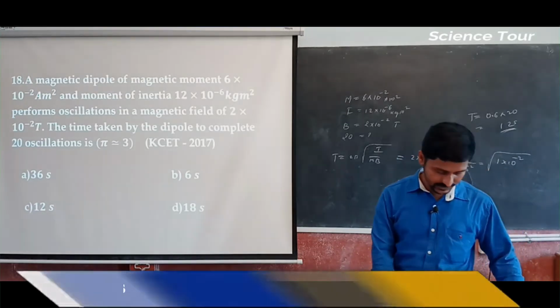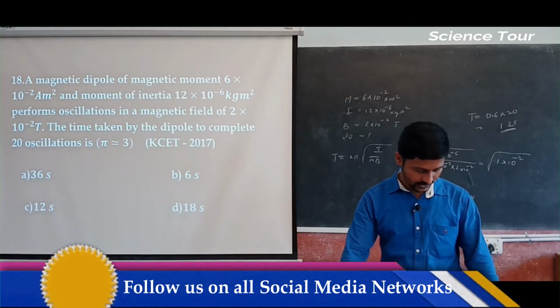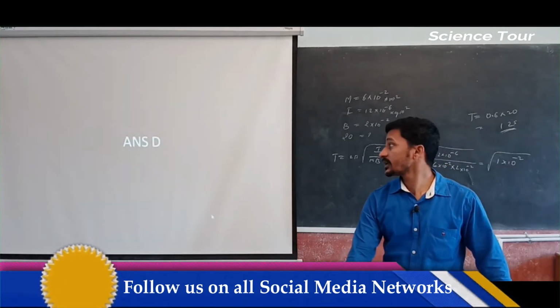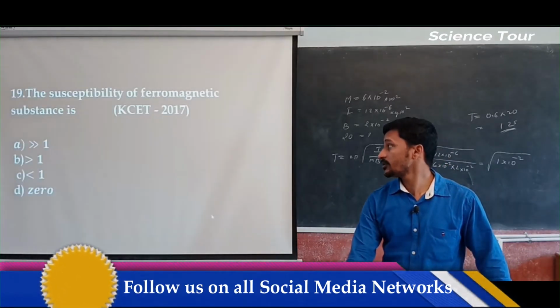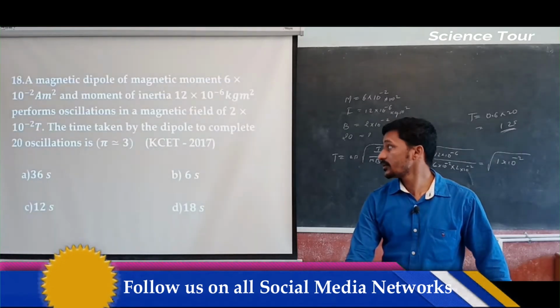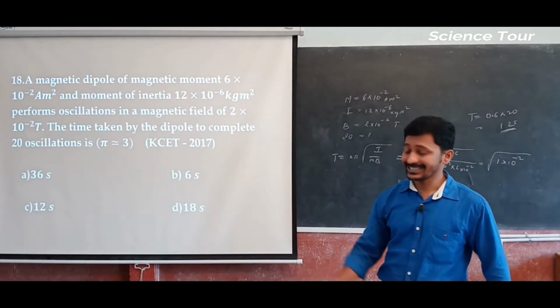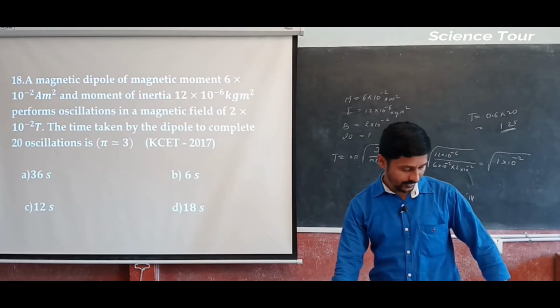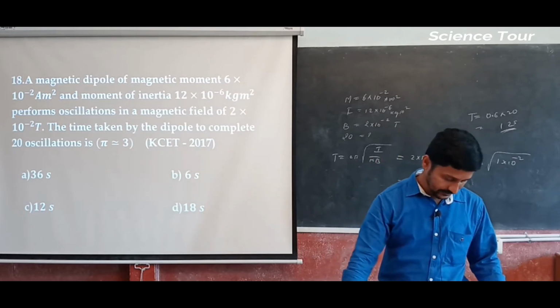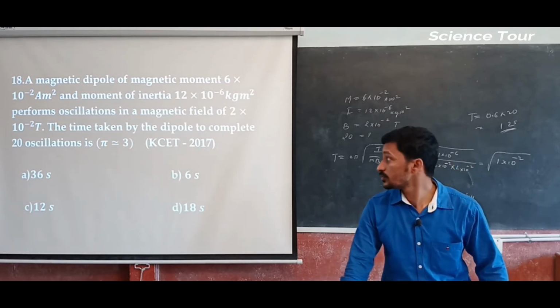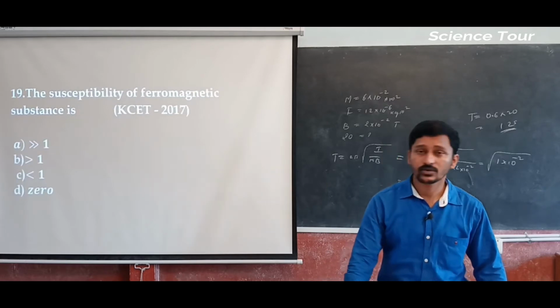Yes, the answer is 12 seconds. Here was a little typing mistake, okay, actually the answer is C, okay. So that is the thing. So we are going to move to the next question.